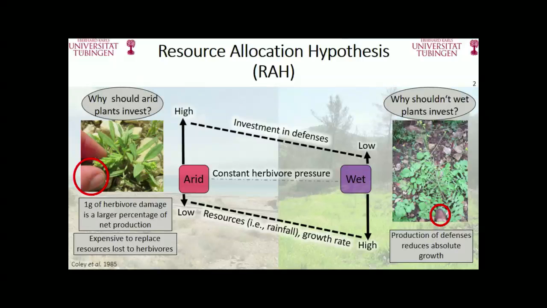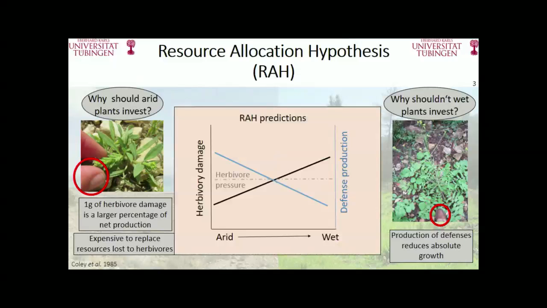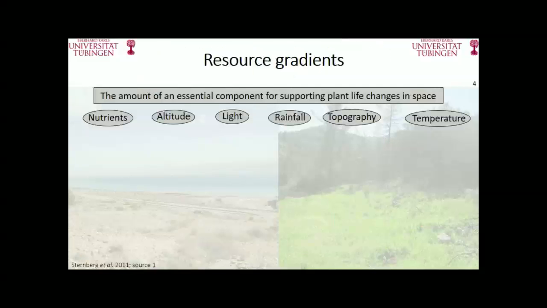And so investing in chemical defenses actually reduces their absolute growth. And the RAH, the resource allocation hypothesis, can be shown graphically. So here we have our resource gradient along the bottom, and we can see our increase on the y-axis of leaf damage, whilst our chemical defenses decrease and herbivore pressure remains constant.